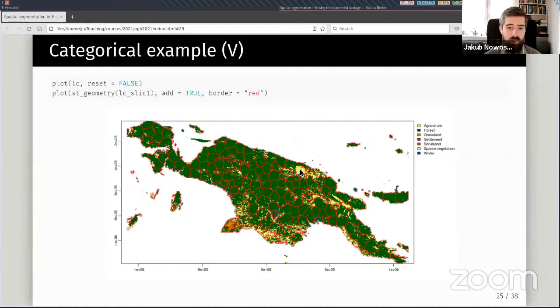But in many places, our superpixels adjusted to local areas. For example, here we have a mix of agriculture and forests. Similarly, here on the coast we have mostly agriculture with some forest, which is different from mostly forest with some agriculture.